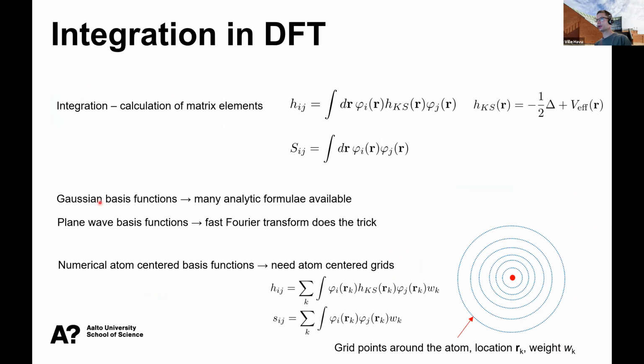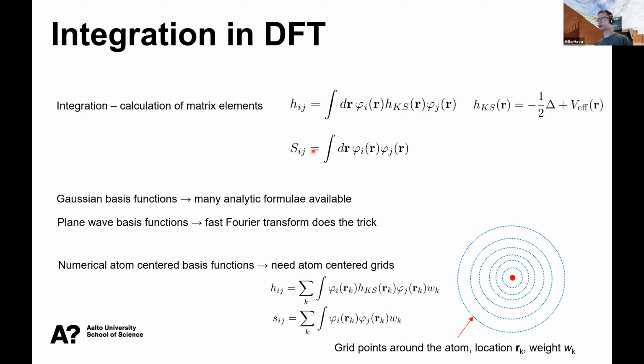So integration in density functional theory, especially in general, when you have basis functions, we need to calculate the matrix elements that are composed of the basis functions, and then you have some kind of a Hamiltonian, Kohn-Sham Hamiltonian that's defined on the same space, and you have to do such an integral.